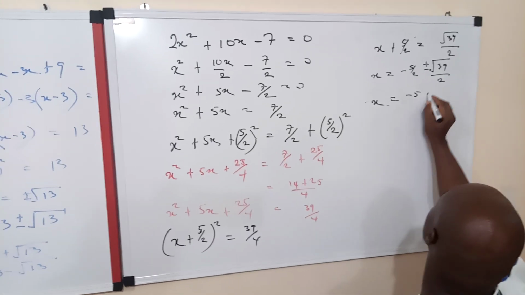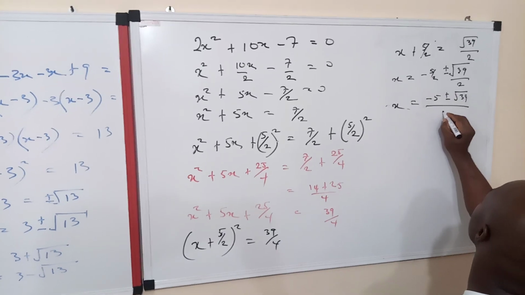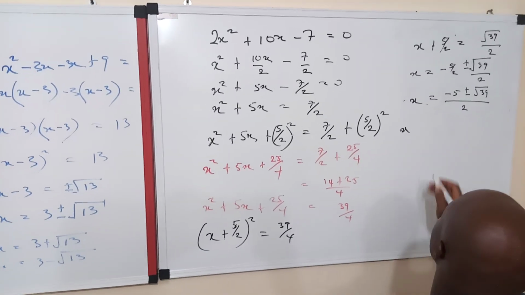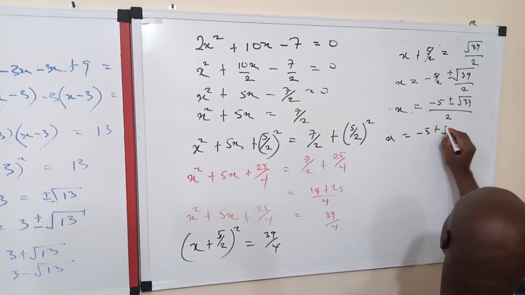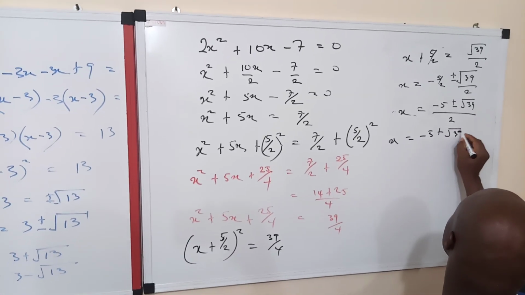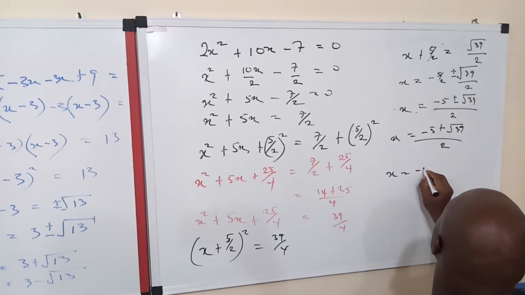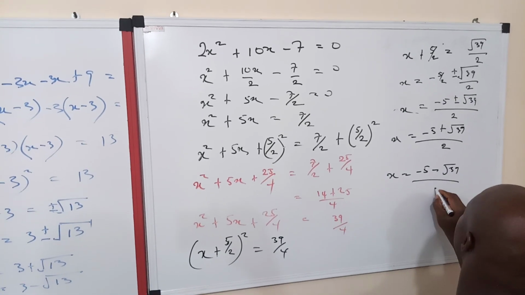So we have negative 5 plus or minus the square root of 39, everything over 2. So our answer, the roots of that equation, is x is either equal to negative 5 plus the square root of 39 all over 2, or x is equal to negative 5 minus the square root of 39, everything over 2.